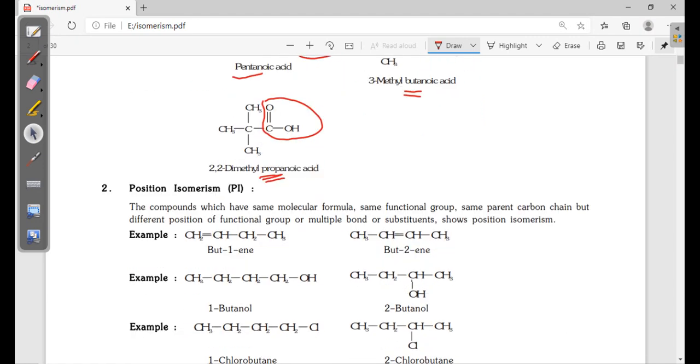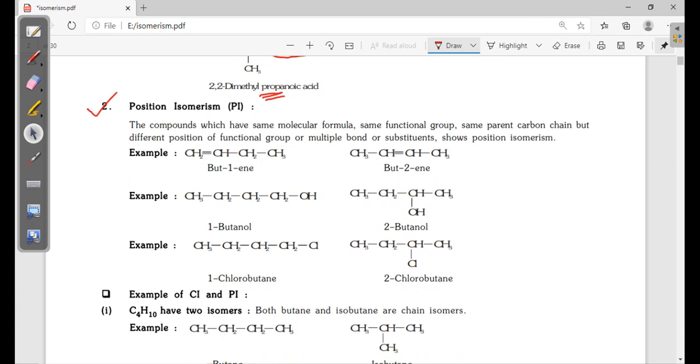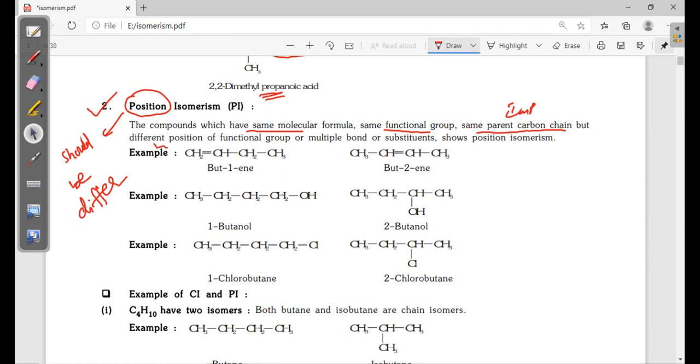Next, positional isomerism. It is in the name itself: the position should be different. Once you go through the definition: the compounds which have the same molecular formula, same functional group, same parent carbon chain, the parent carbon chain should be the same, important, right? But a different position of the functional group or multiple bond or substituent.